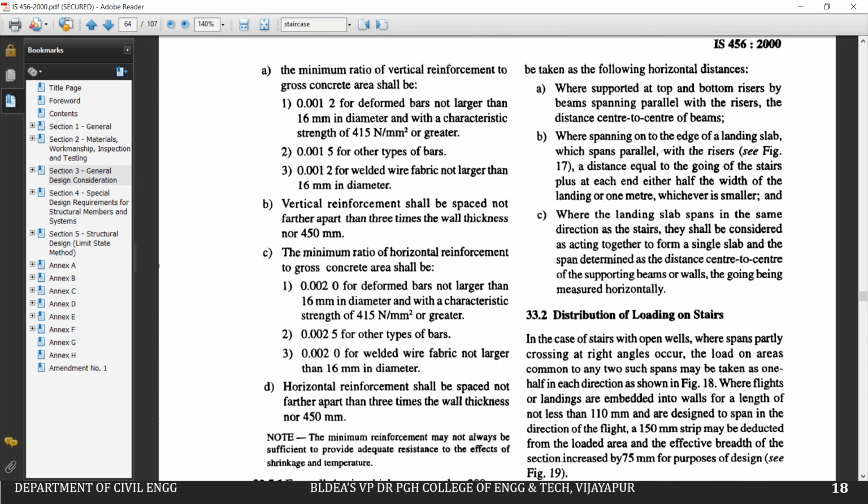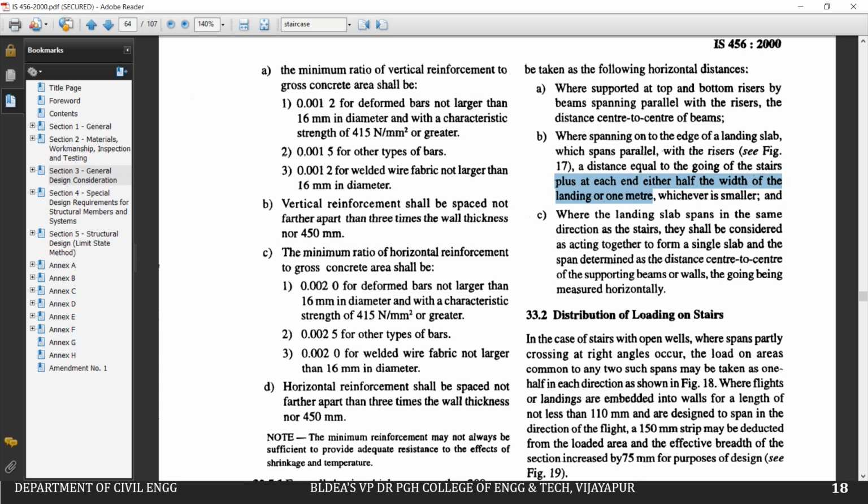Then the second case is where the stair spans onto the edge of a landing slab which spans parallel with the riser, right? So a distance equal to the going plus at each end either half the width of the landing or 1 meter.